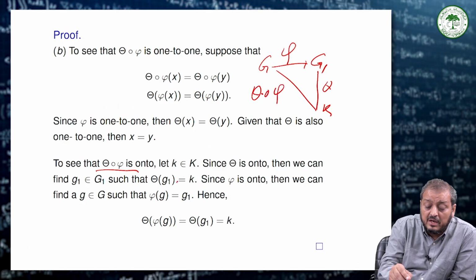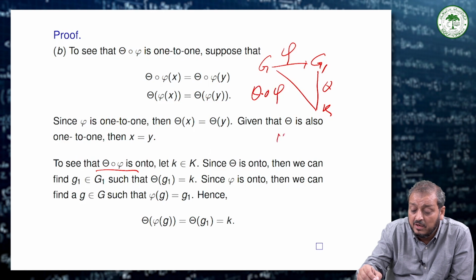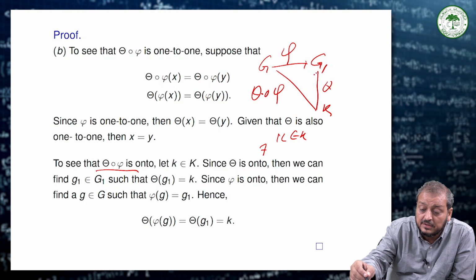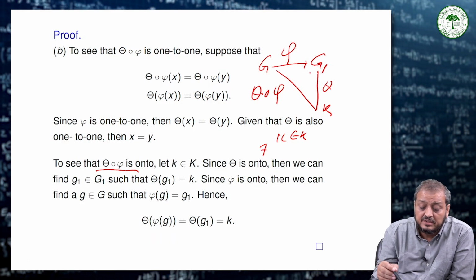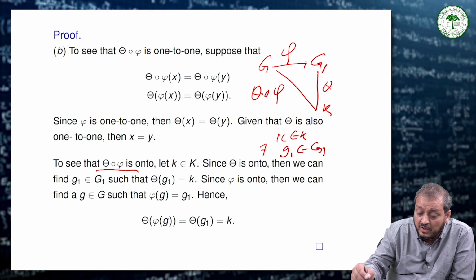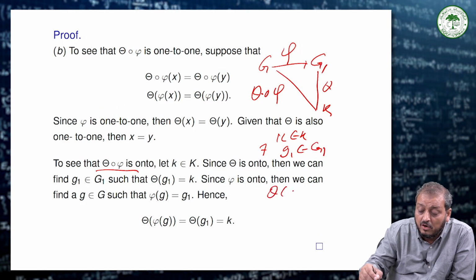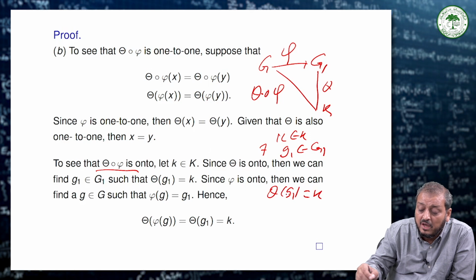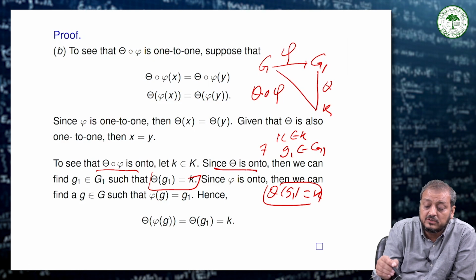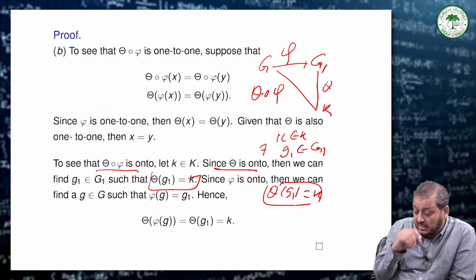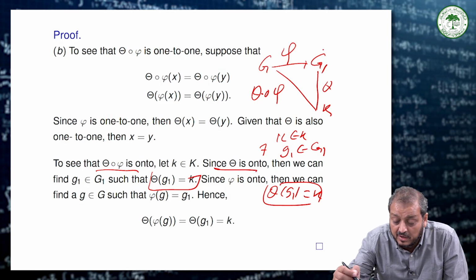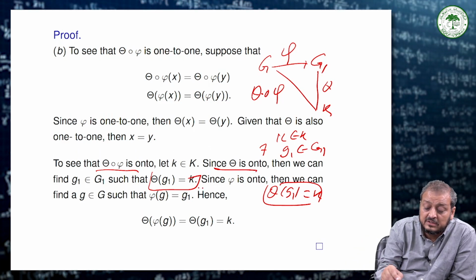Now clearly, if we take k an element of K, there exists some element g1 in G1 such that theta of g1 is equal to k, because theta is onto. So this clearly is onto.